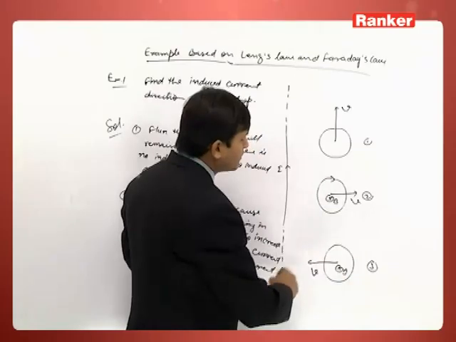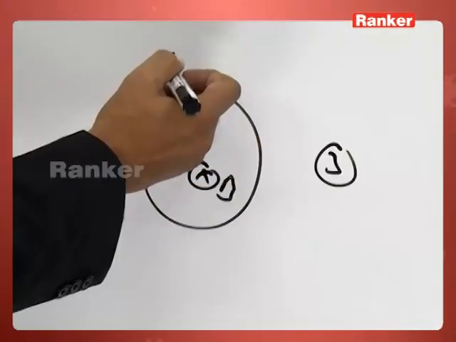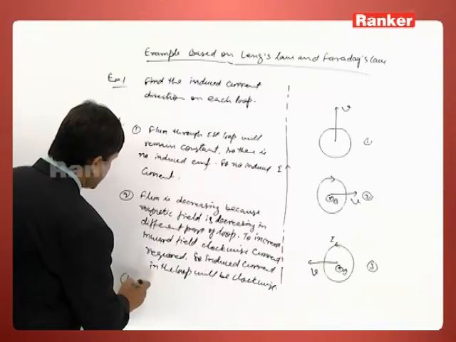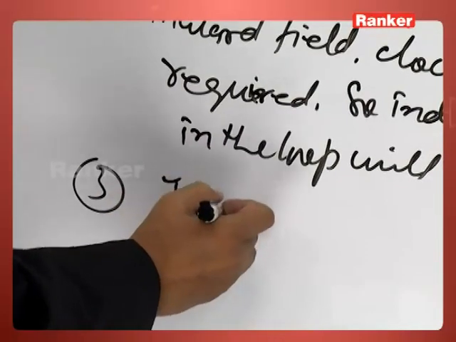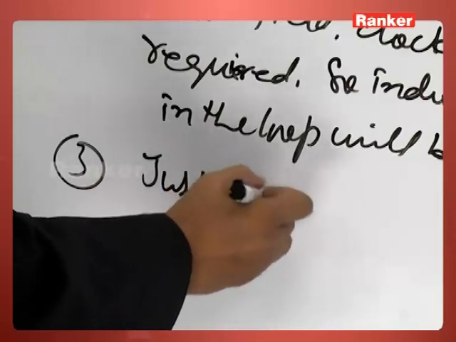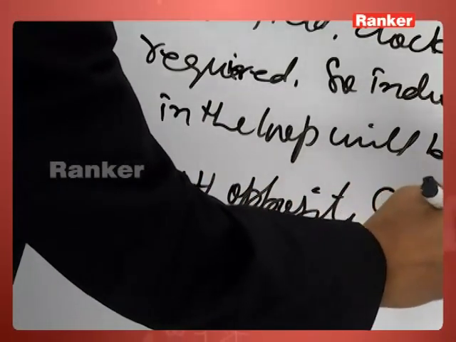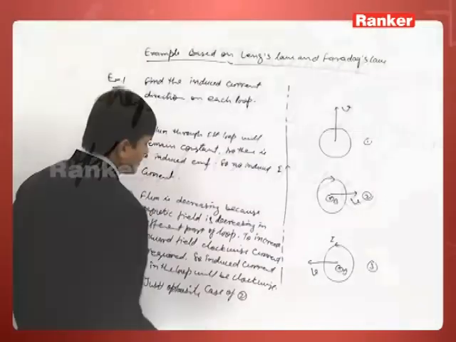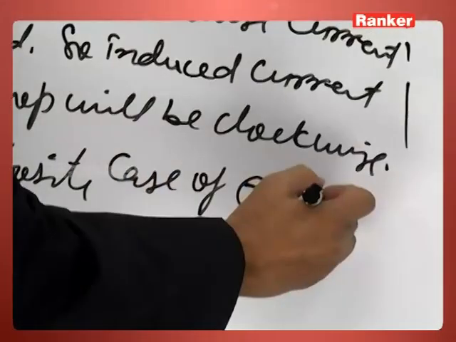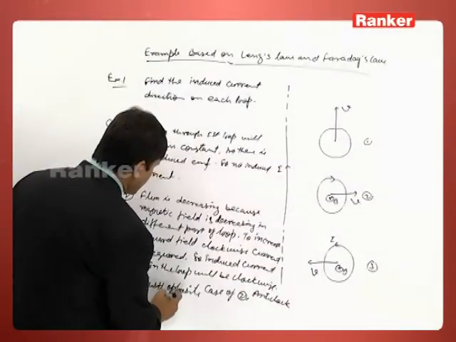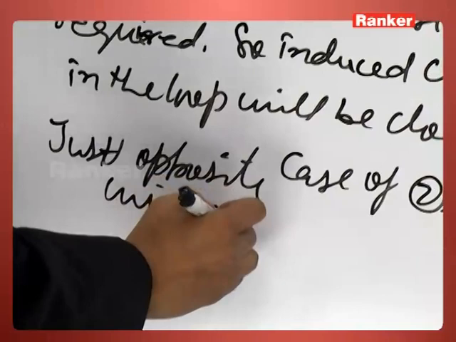The outward field will be because of an anti-clockwise current. So the third is just the opposite case of the second. So here the current is anti-clockwise.